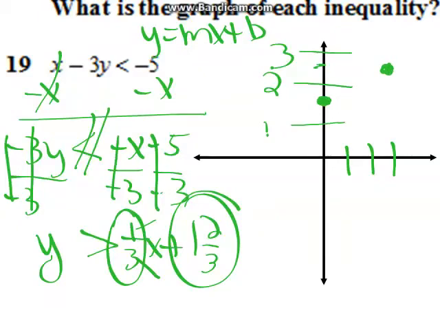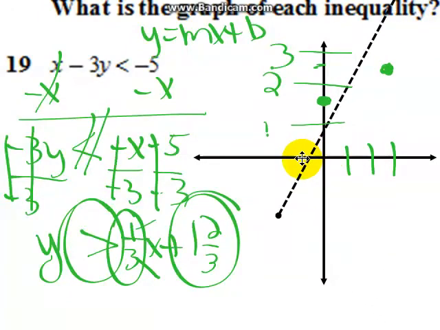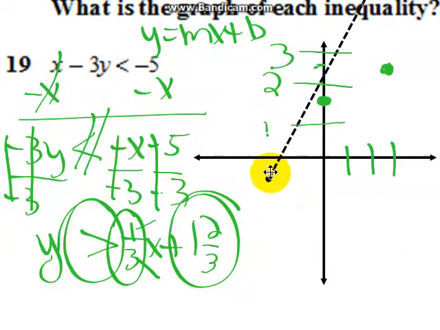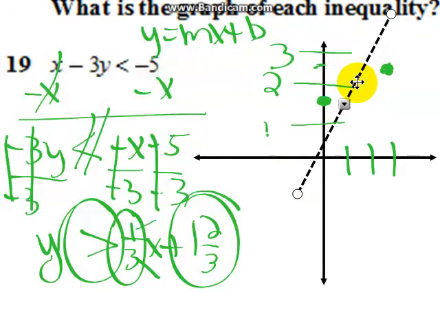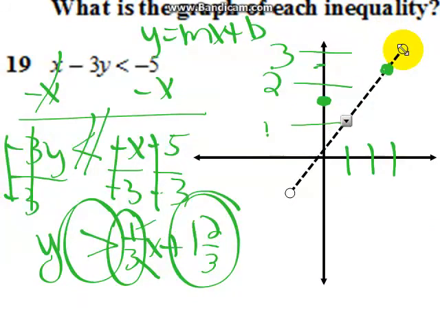Okay, and now we need to look at our sign. It's just greater than, so we know it's a dashed line. So let me grab my line and finagle it. And it's going to look something like this.